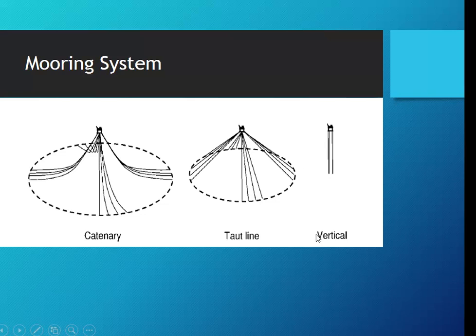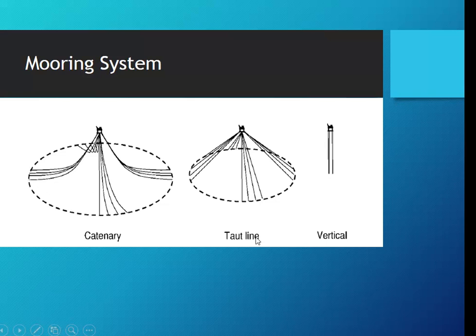The three mooring systems are catenary, taut and vertical. The catenary mooring system is a steel chain laying on the sea floor in advance of the anchor, and its benefit is that the angle of the chain is close to zero.